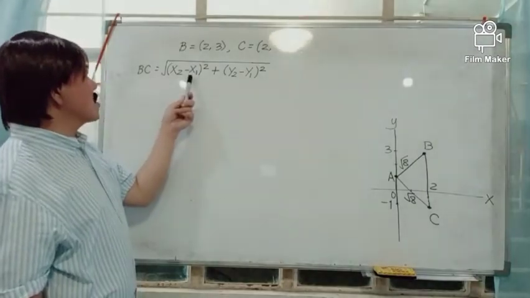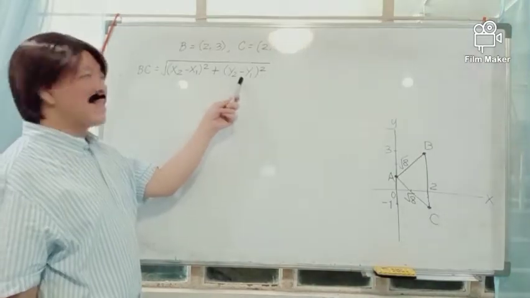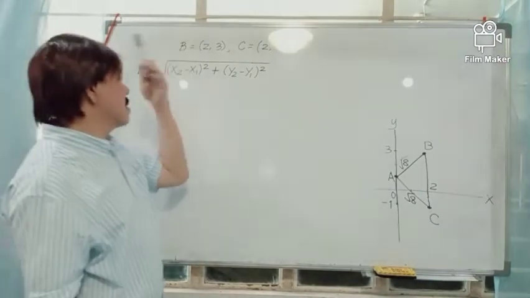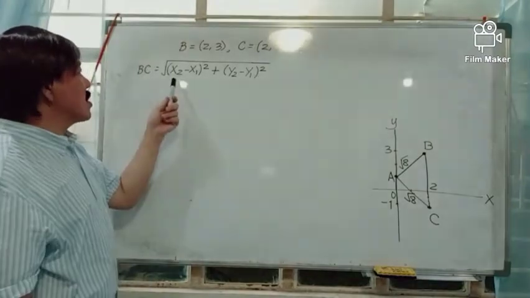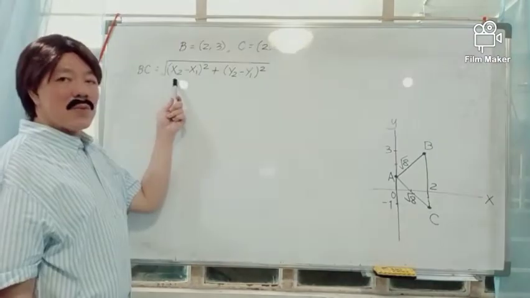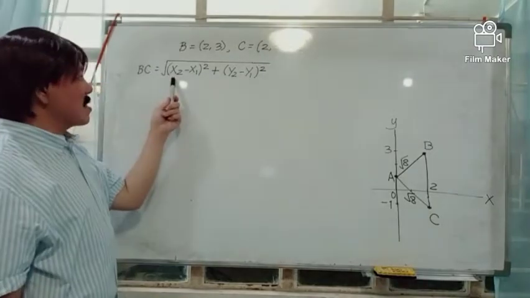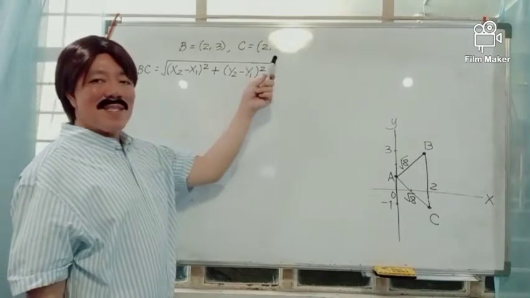Hence, our x1 is 2, our y1 is 3. And we take the point C with coordinates 2, negative 1 as the point with coordinates x2, y2. Thus, our x2 is 2 and our y2 is negative 1.